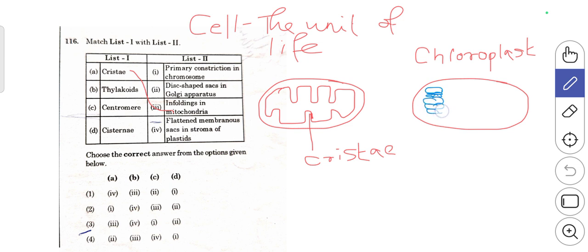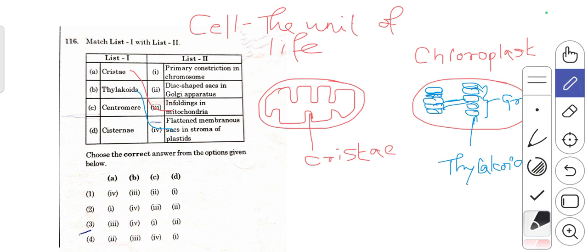These are the flattened membranous sacs present in the stroma of the chloroplast or plastid. A single coin will be called a thylakoid, and this bunch will be called a granum. So thylakoids are the flattened membranous sacs in the stroma of plastids.